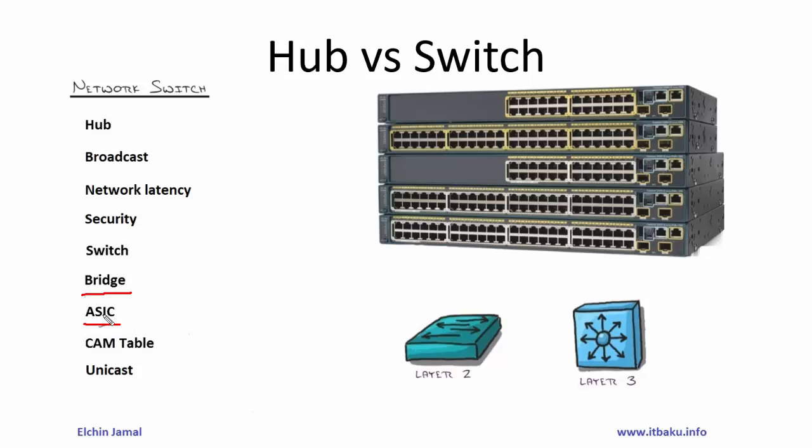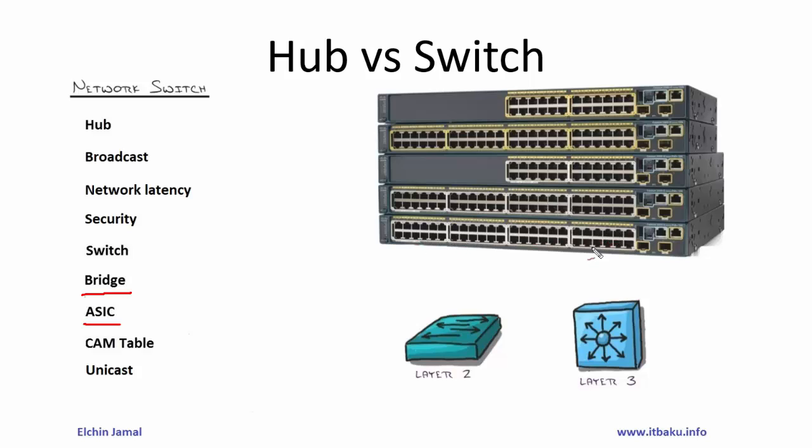Before, bridge technology was a software technology. Later, it became a hardware technology and was integrated into the microchip, the ASIC chip, which is located on the motherboard of our switch.